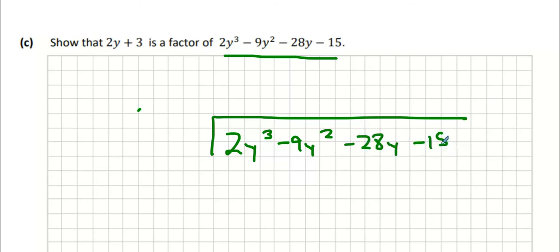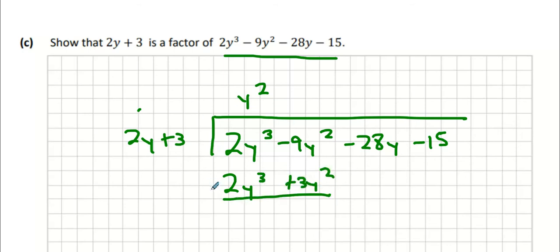So like so, and then 2y plus 3. So y squared, multiply it out, and we get 3y squared minus 9 plus 3. We're going to change the signs. And we get minus 12y squared minus 28y, you bring it down.